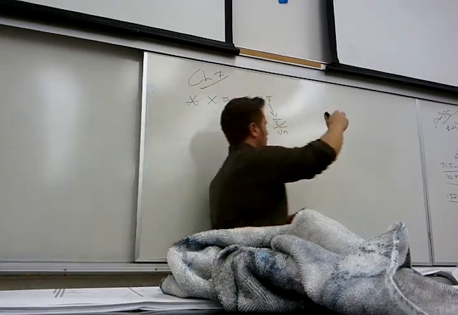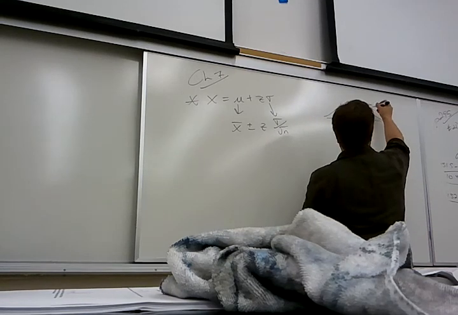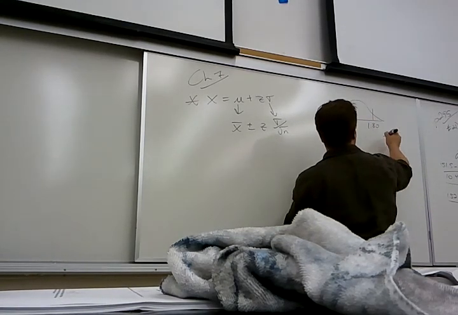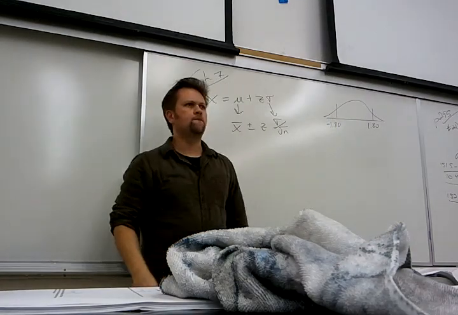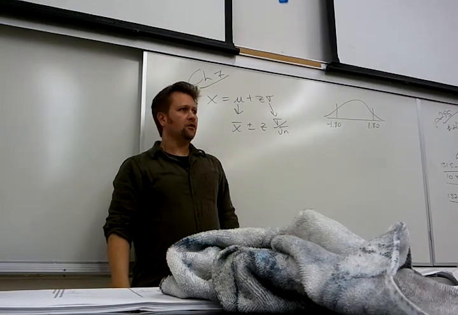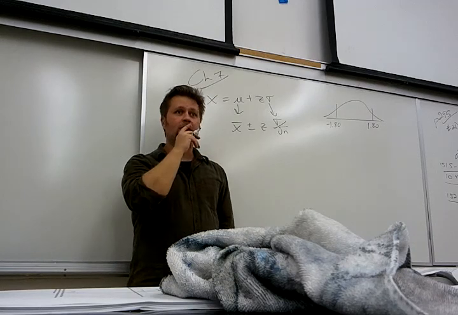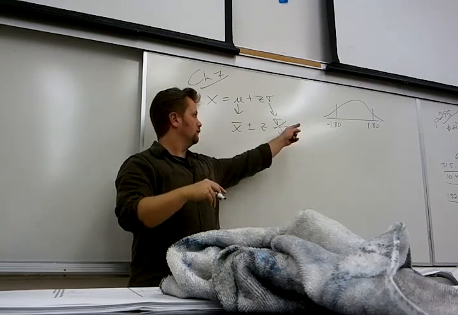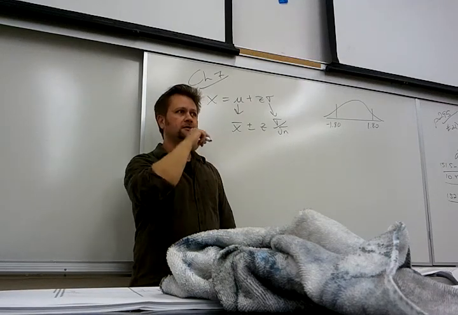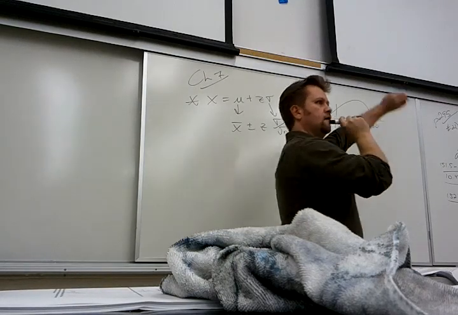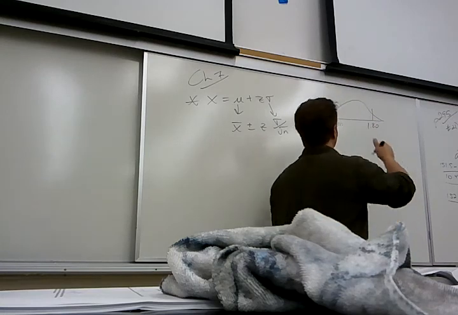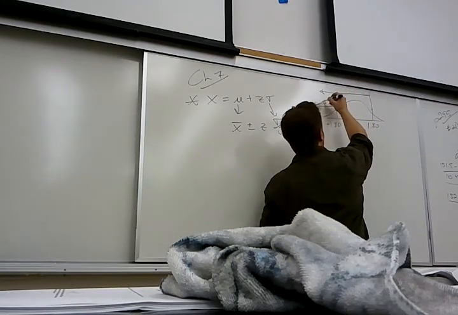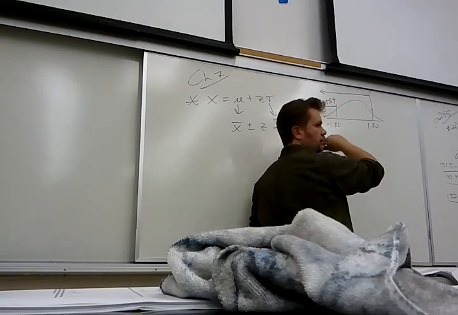So let me ask you this real quick, a little side note. Can somebody tell me how much data is in between negative 1.8 and 1.8? Let's take a second and actually calculate it. Negative 1.80, can somebody look that up for me? 0.0359 for negative 1.8.